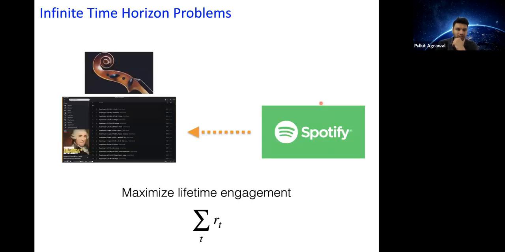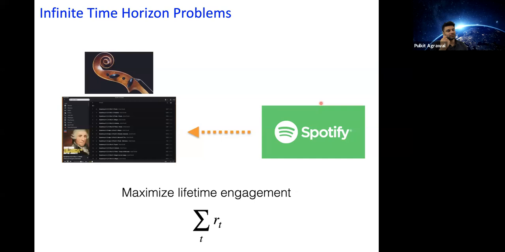So I just want to go through some definitions which are going to be useful in the rest of the course. One thing to distinguish between are these two problems, which are infinite time horizon and finite time horizon. I think we have seen bits and parts of it, but just to make it a bit more formal.